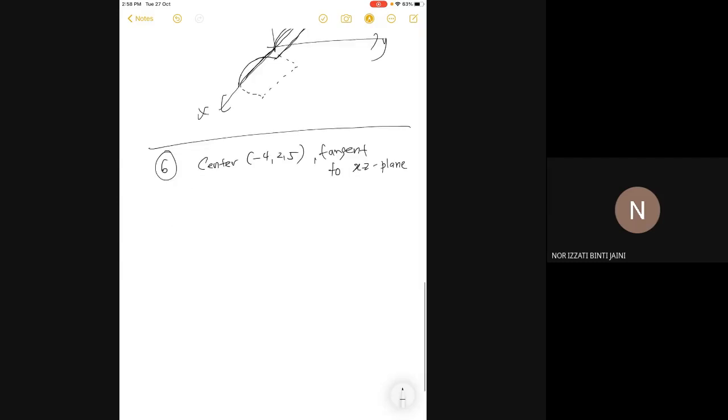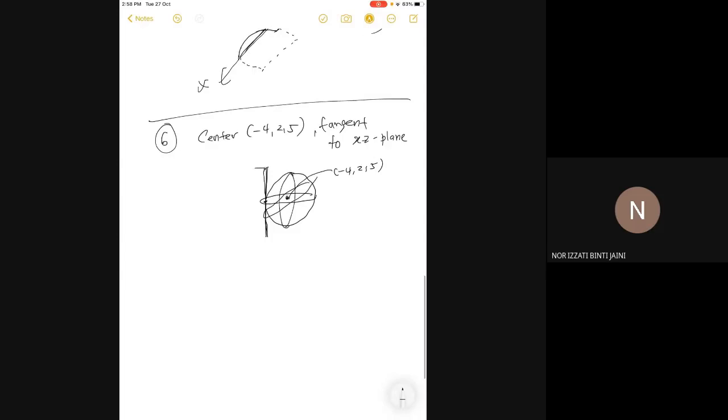Katalah awak ada sphere, satu sphere awak ni. Okay, yang ini adalah center awak dan -4, 2, 5 tu. Tangent tu adalah satu garis yang menyentuh betul-betul awak punya permukaan pada satu titik saja. So, this one is the exact plane.